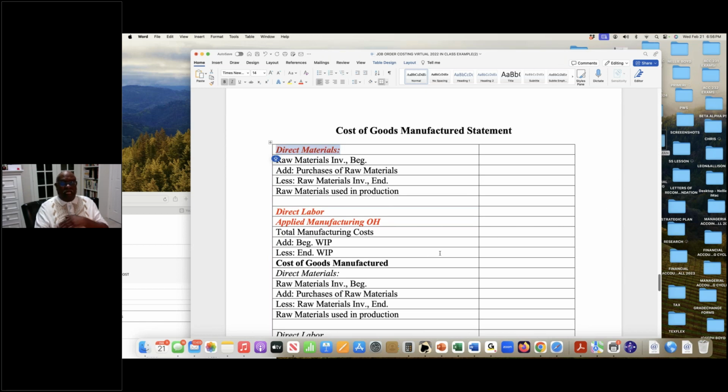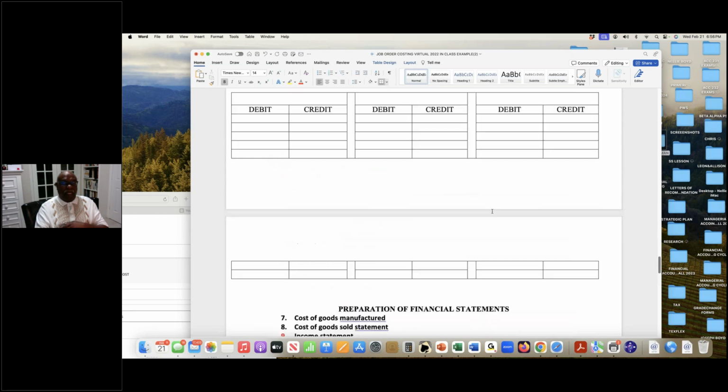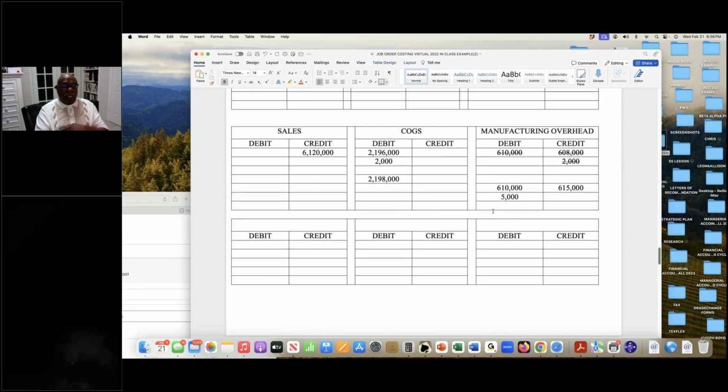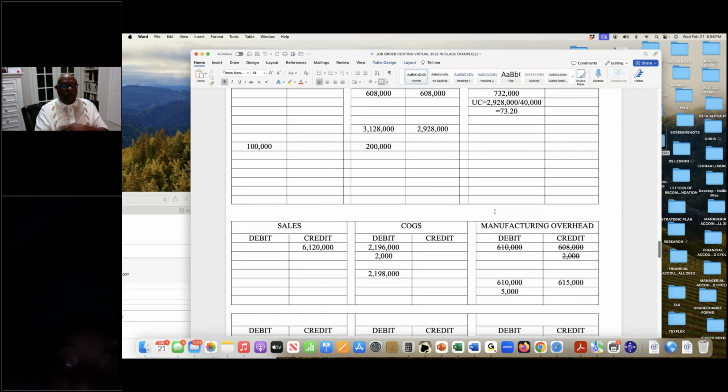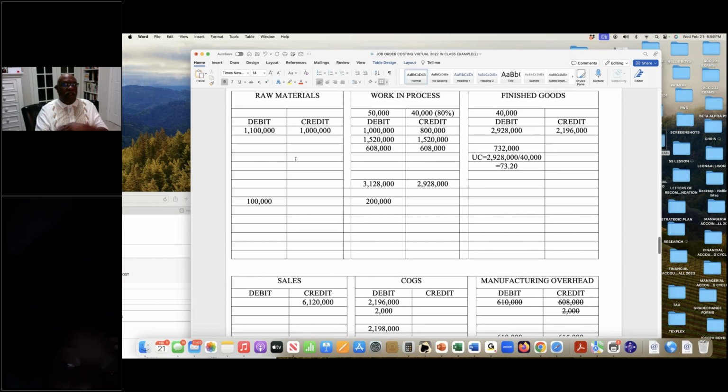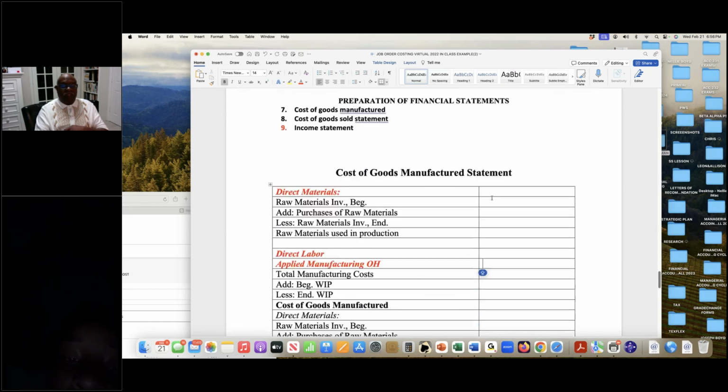Okay, so let's see how we're gonna get our direct materials. We're gonna come to the T account for direct materials. We bought 1,100,000, 100,000 left. So in preparing the schedule, we didn't have any beginning inventory.